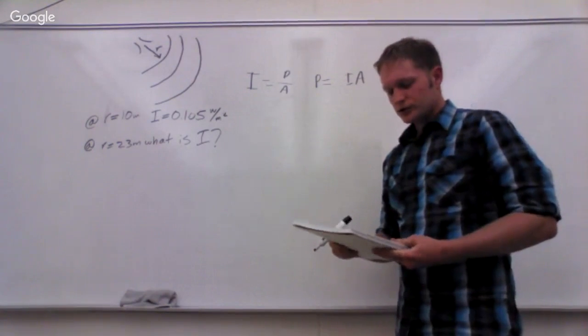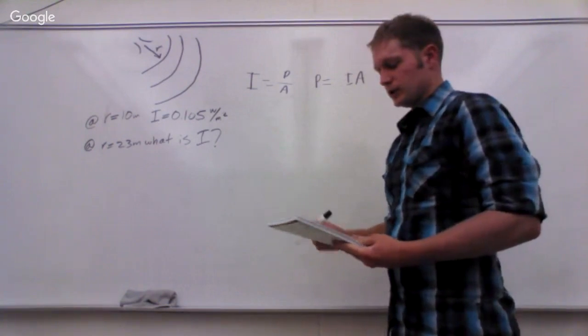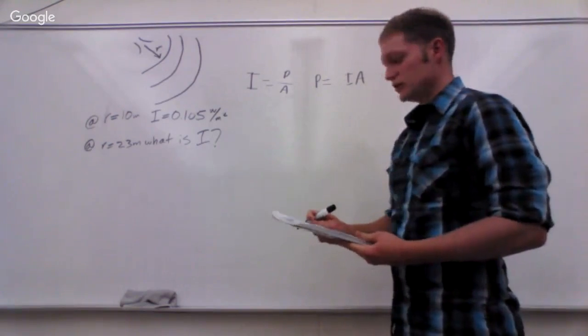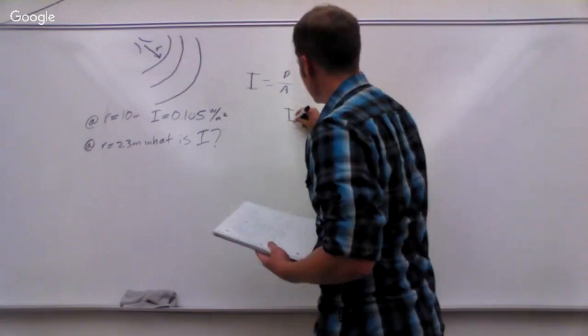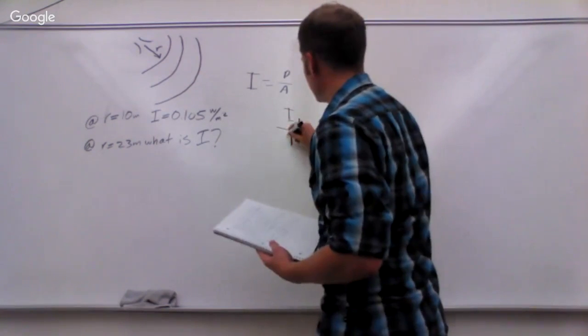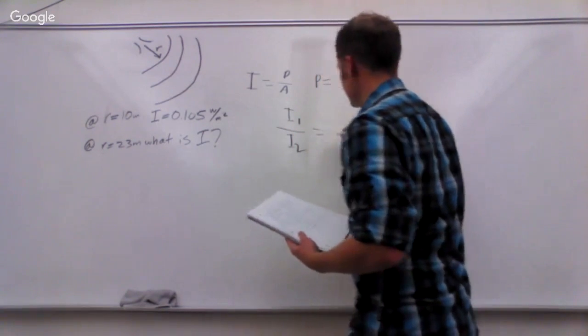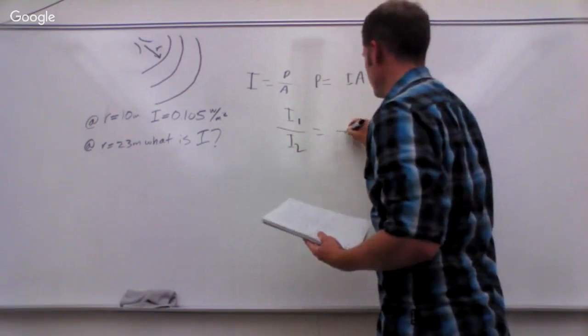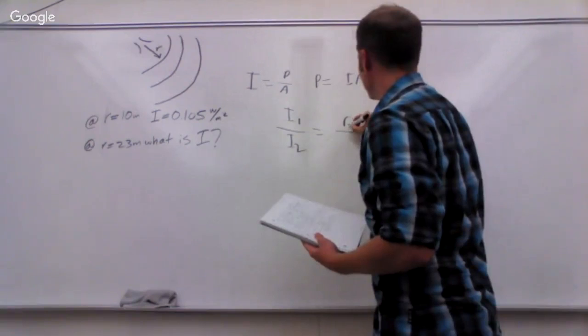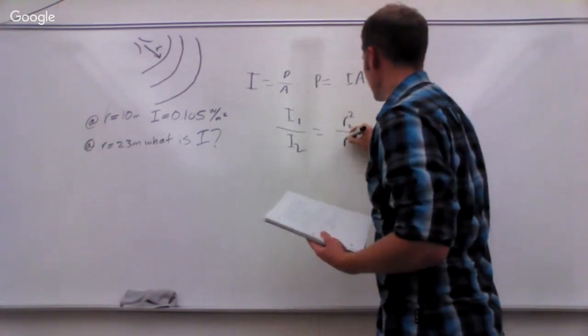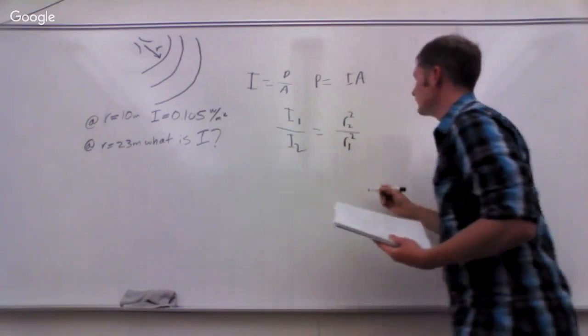Then we can use the inverse relationship between intensity and distance to find out what the second intensity will be. For that we use I1 over I2 is equal to, and it's an inverse proportionality, R2 squared over R1 squared.